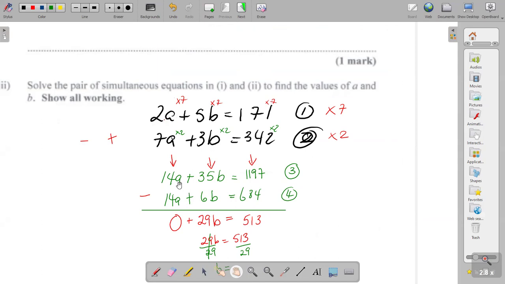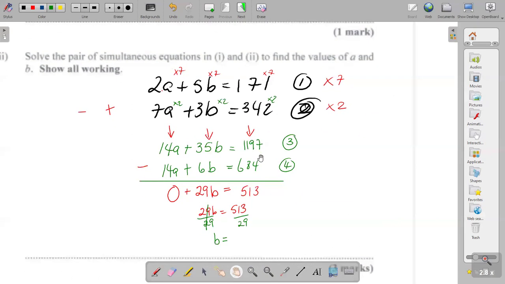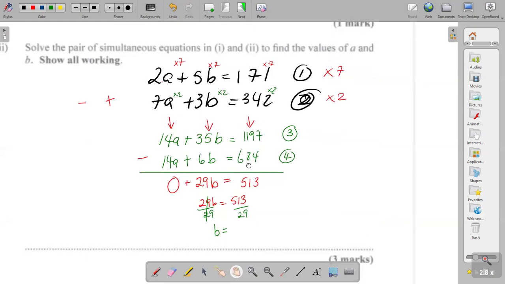So we know this is 14A, that's right. That's 35B, that's right. Check 171 times 7 again. Is 1197? So that's right. And then 14 times 2.